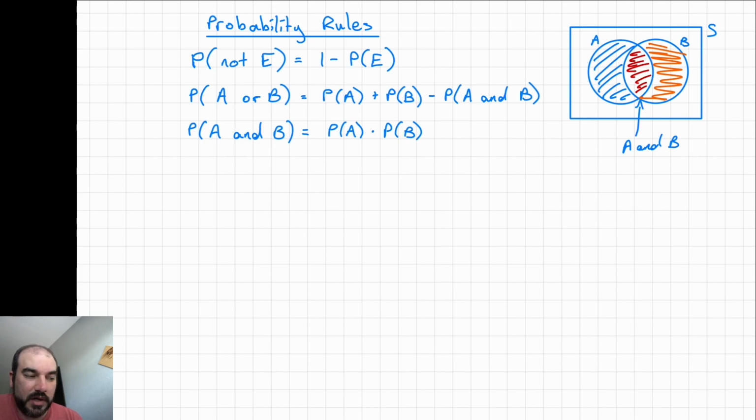If it's like drawing cards from a deck or rolling a die, you can figure out your sample space and then your event space and do your division that way. Or you can do probability of A multiplied by the probability of B.